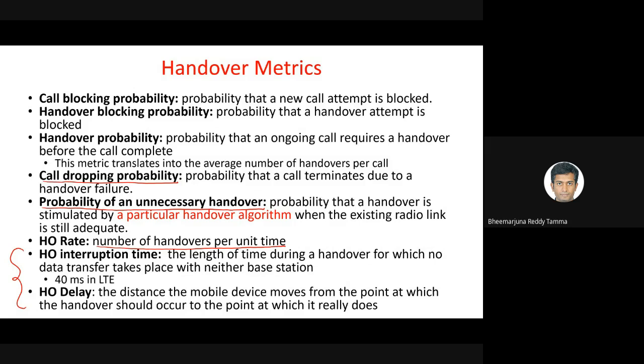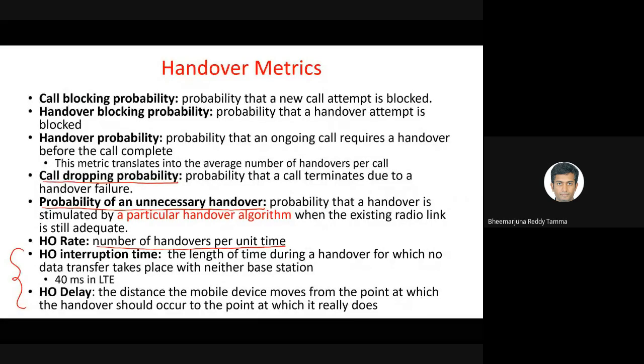So you want to reduce it as much as possible. For example, in LTE, in 4G, the handover interruption time is 40 milliseconds. And in 5G, in some scenarios with some techniques, we can reduce this value to 0 milliseconds by using dual connectivity and other approaches.